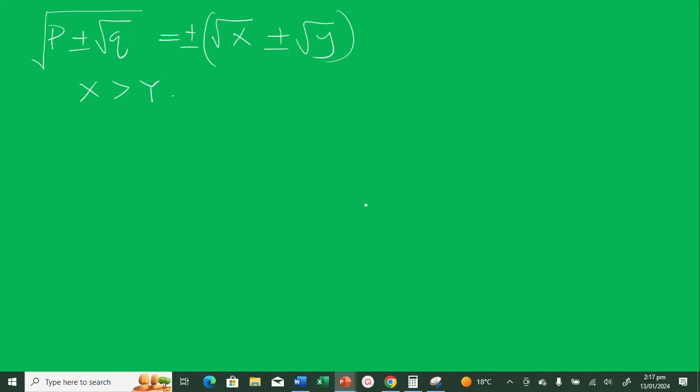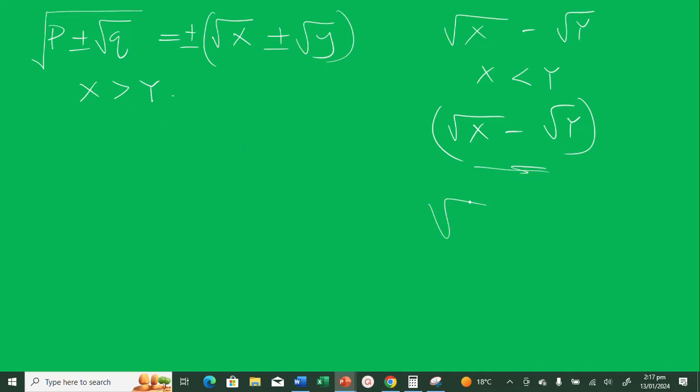For this expression, x should be greater than y, because if x is less than y, then in the negative case, x minus the square root of y will be a negative value.